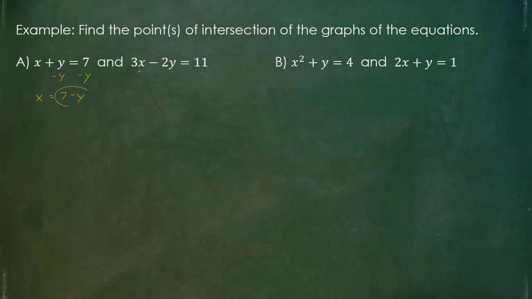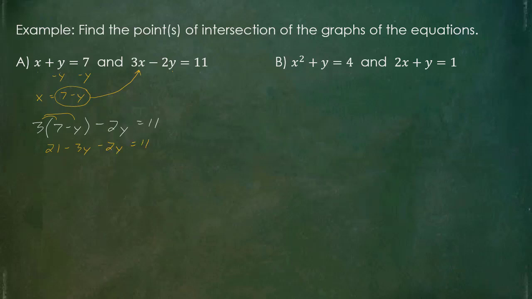Now what I get to do with that expression is replace the x in the other equation and try solving. That gives me 3 times the 7 minus y that I just solved for, then minus 2y being equal to 11. If I distribute through that 3, that gives me 21, take away 3y, take away 2y, equaling 11.